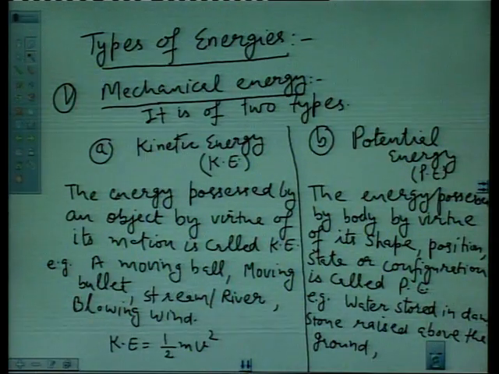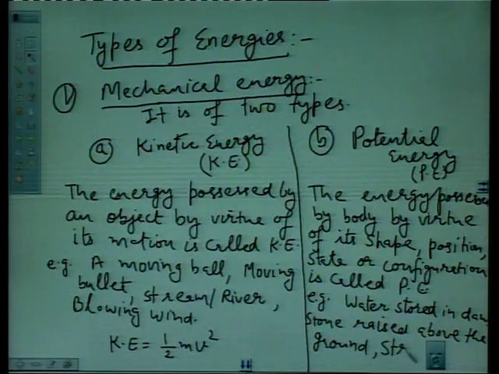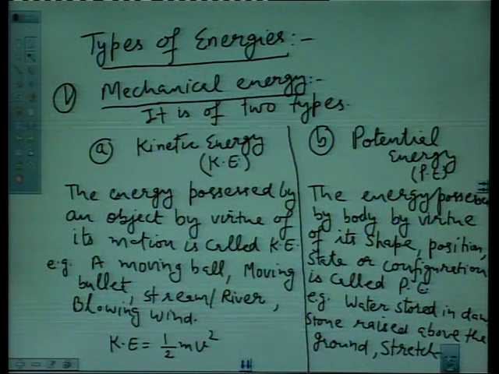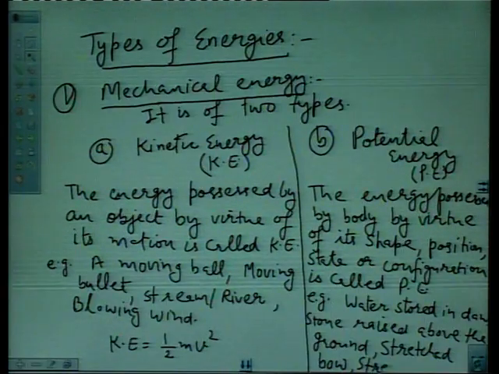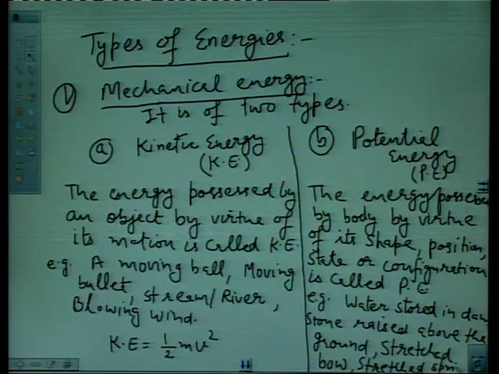The next example is stretched bow, stretched spring, etc. So all these are the examples of potential energy. So this is for first type of energy, which is called mechanical energy.